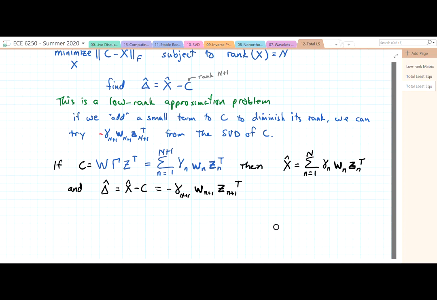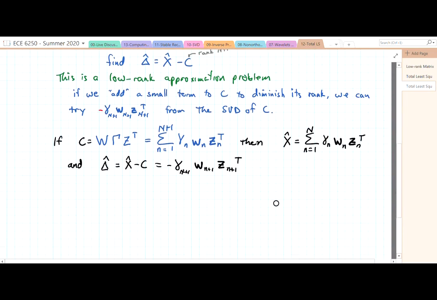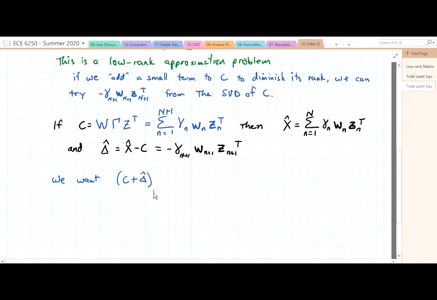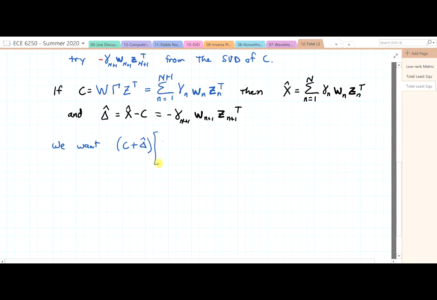So now we're getting really close to the solution. Remember, we have to unpack all these little definitions we did. So we really want to find a vector such that the equation C plus delta, we've already got our solution now, times x vector minus 1 is equal to 0.